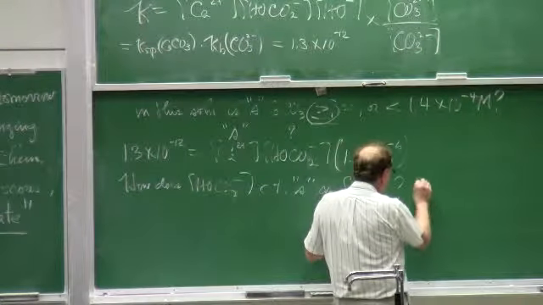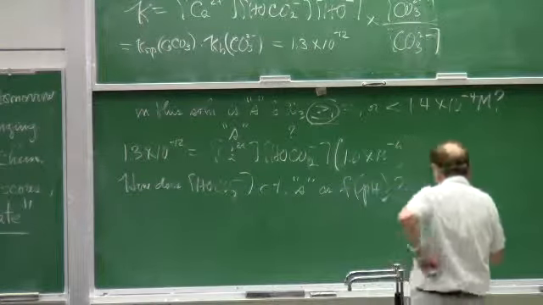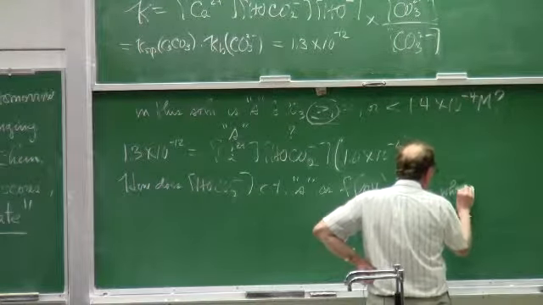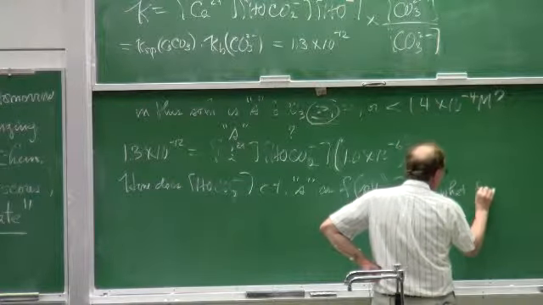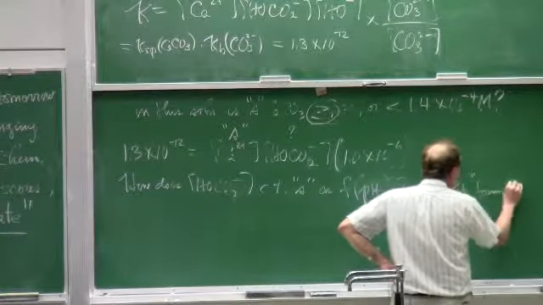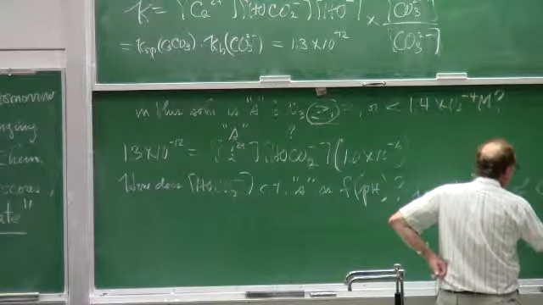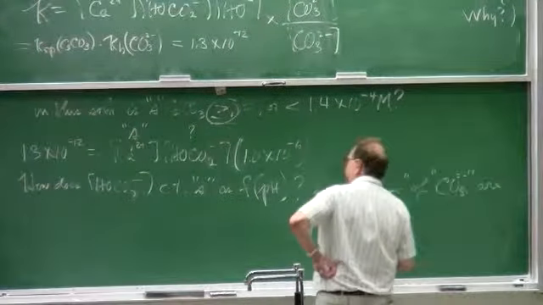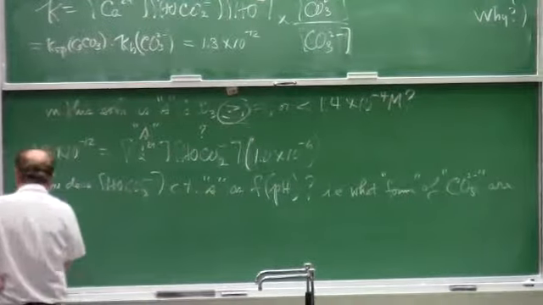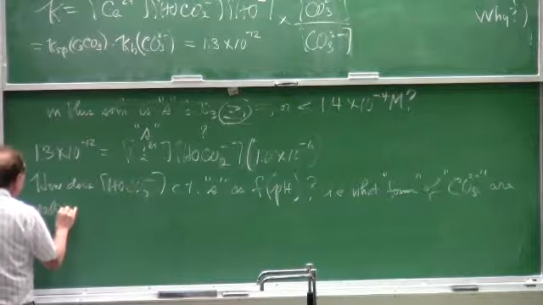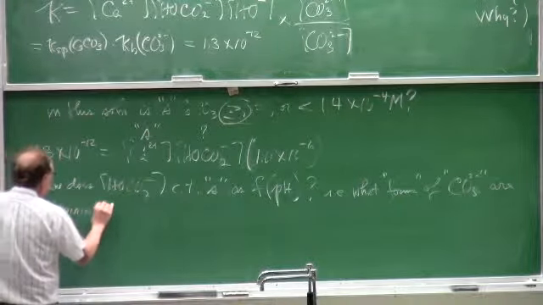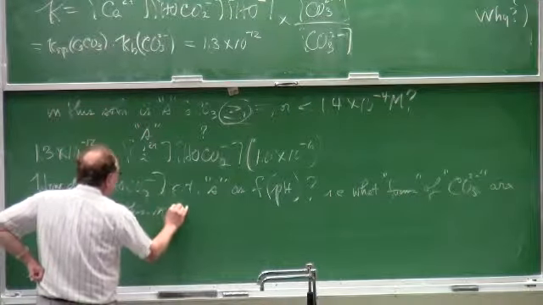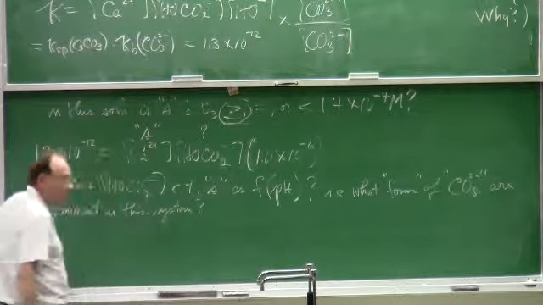That is, what forms of carbonate are predominant in this system?